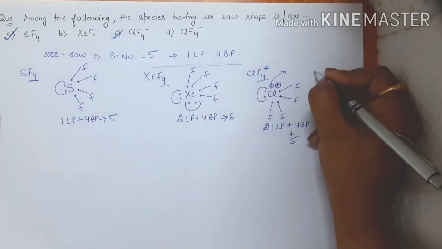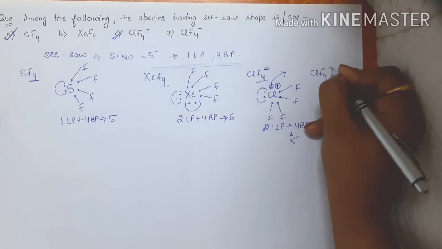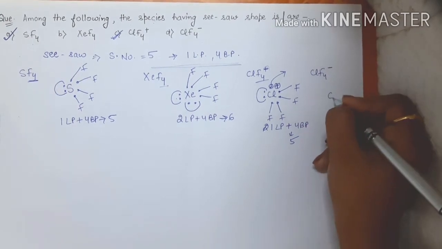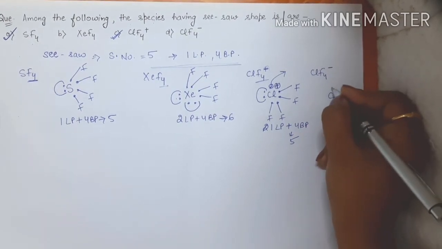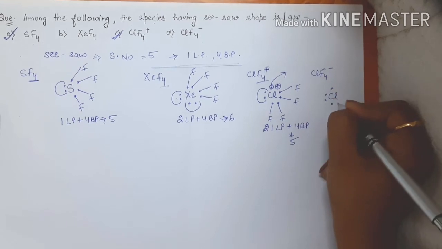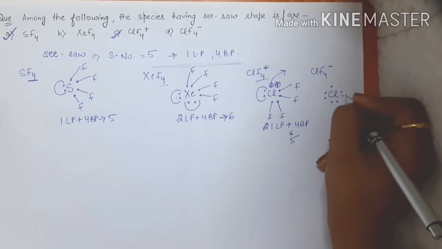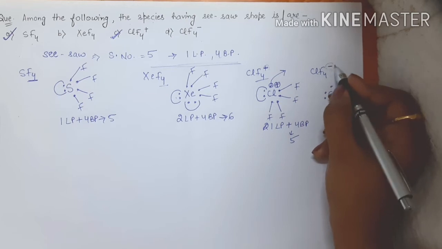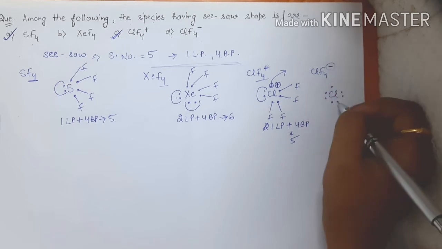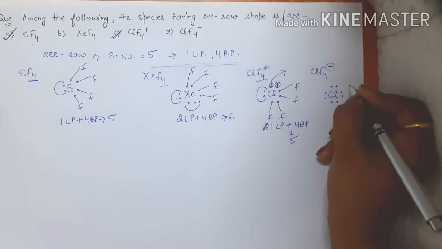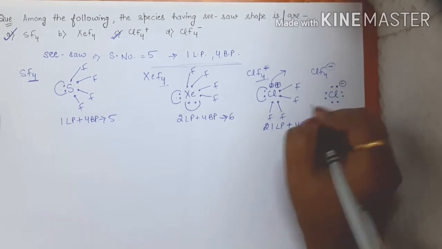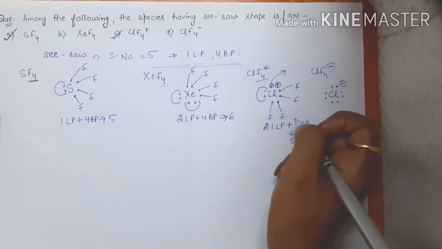Now the last molecule, which is ClF4 negative. Here also Cl will be the central atom, having 7 electrons in the valence shell. But here in this case, if I want to take this negative charge onto this central atom, then I have to introduce 1 extra electron with a negative charge.